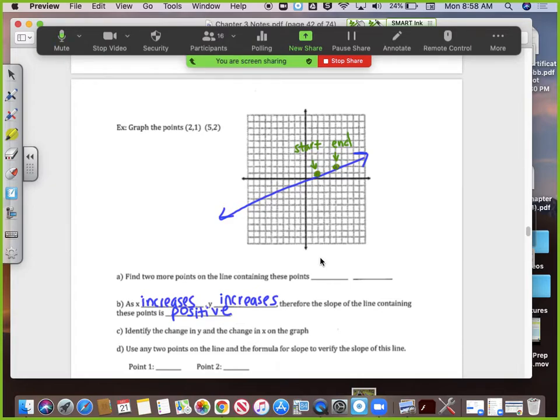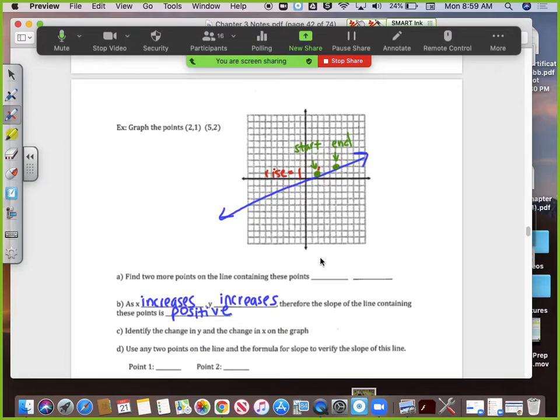To get from this point, you have to think how far you have to go up versus down. Well, I have to go up only 1 unit. So if I look at this point, to get to the same line as this point, I only have to go up 1 unit. So the rise, how much I'm rising, is 1 unit up.